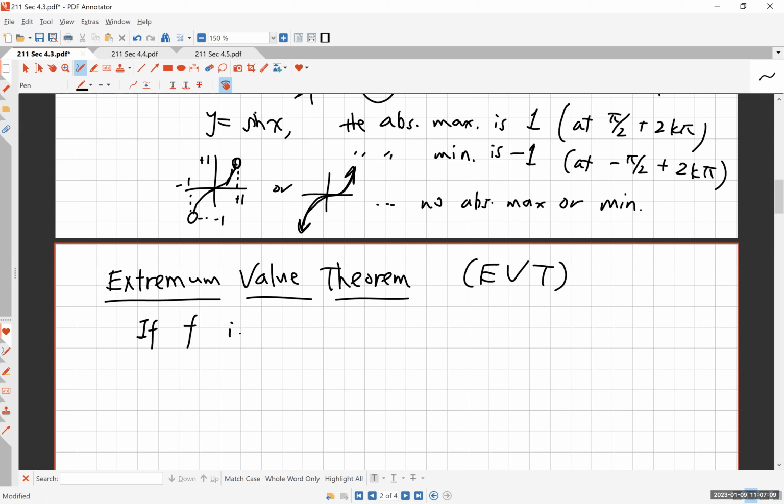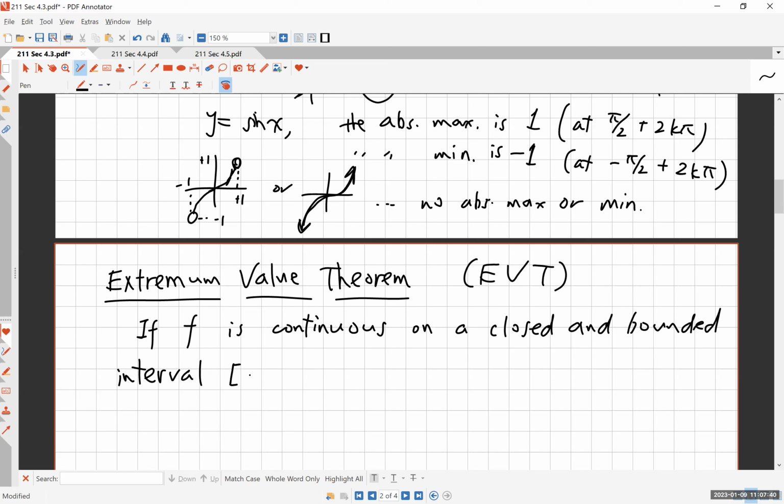If f is continuous, now continuity is a requirement. If f is continuous, I am so excited I can't even spell. Continuous on a closed and bounded interval. I will explain why it's important to say closed and bounded interval.